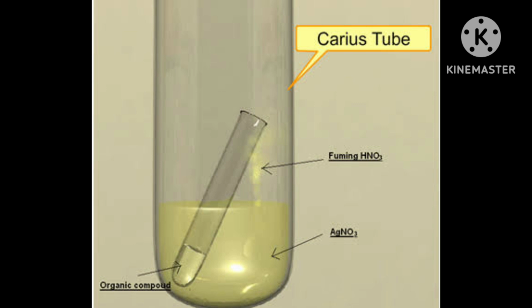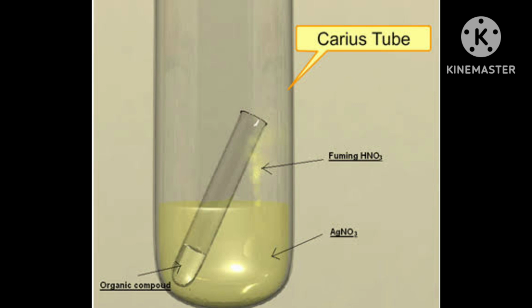M means the mass of organic compound taken. So the formula: percentage of halogen is equal to atomic mass of X into M1 into 100 divided by molecular mass of AgX into M. Correct? This I have told you, determination or estimation of halogen.